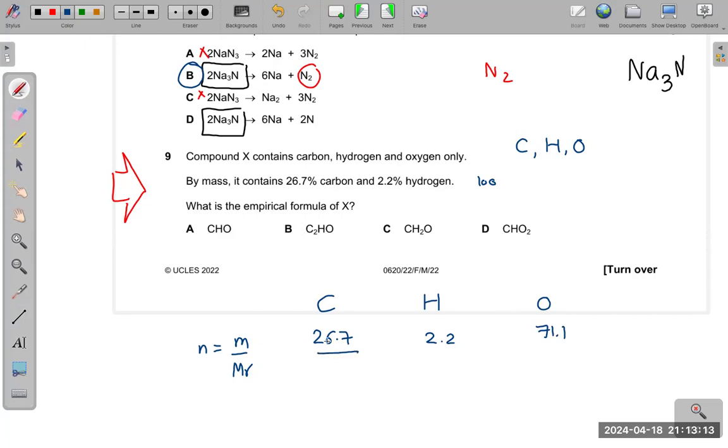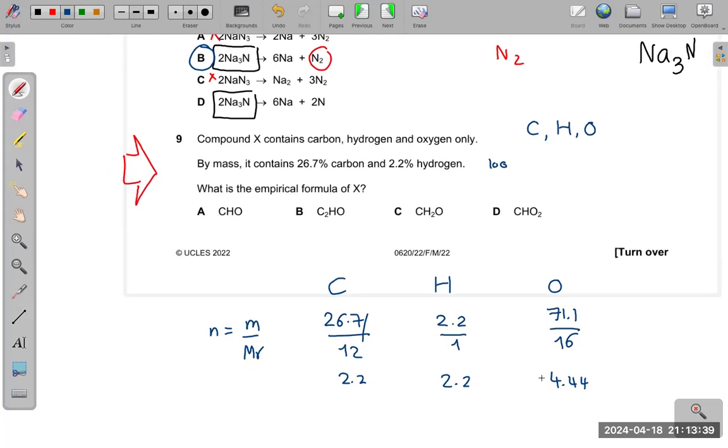Okay, this is divided by the molar mass of carbon, which is 12, this is divided by 1, and this is divided by 16. Let's see the answer. 71.1 divided by 16 is 4.44. This is 2.2. And 26.7 divided by 12 is 2.2 again. So let's see the ratios.